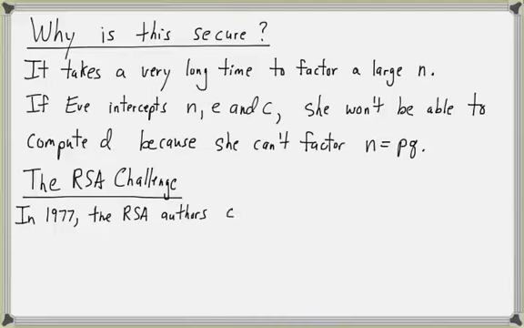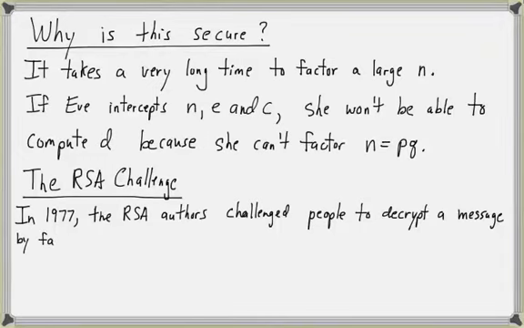They challenged people to decrypt a message by factoring a modulus n with 129 digits. This was called RSA 129.